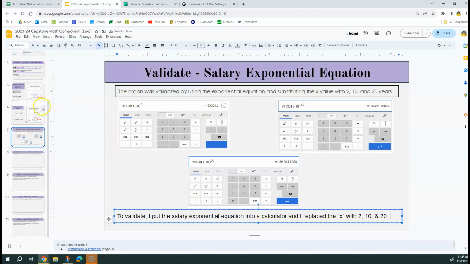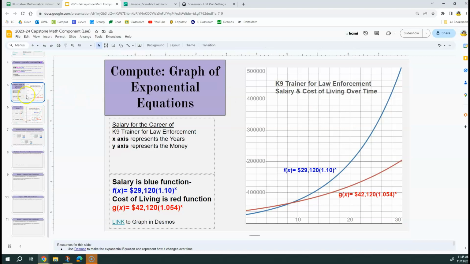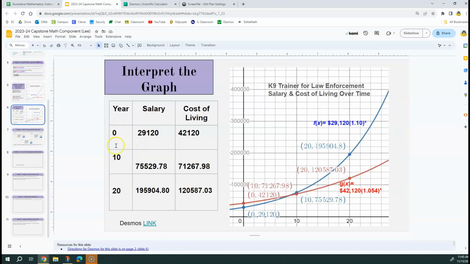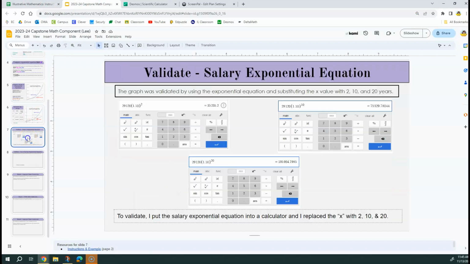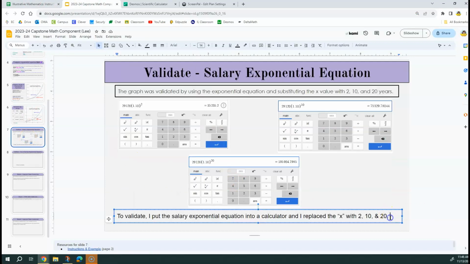And we didn't do 2 specifically, but we did here on slide 6, 10 and 20. And you can see that my salary numbers match up with my calculator numbers. So these match one another. I can, just as an example, say the salary at 10 years is $75,529.78.